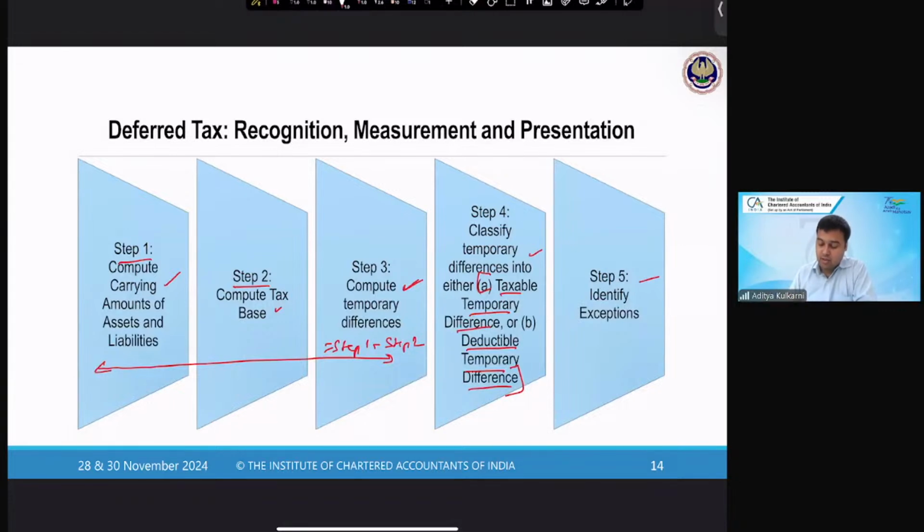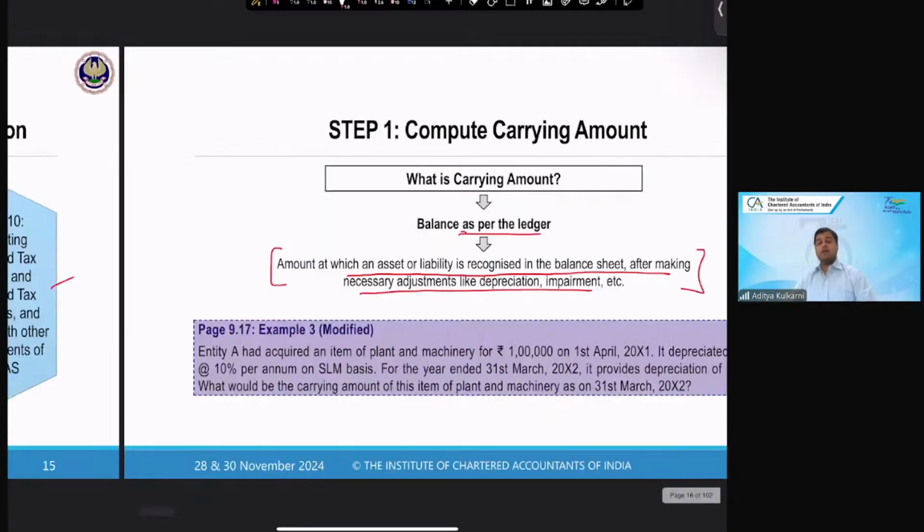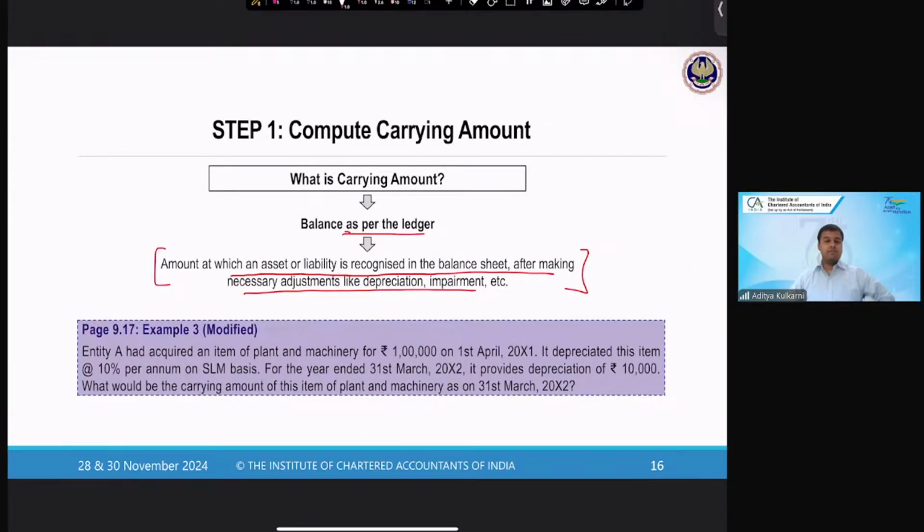Step 5, identify exceptions. Step 6, assess deductible temporary differences, tax losses and credits. Determine the tax rates, calculate and recognize the deferred tax, accounting of deferred tax, offsetting DTA and DTL, and comply with other requirements of other Ind ASs. So we shall go one by one on this. Any doubts so far?